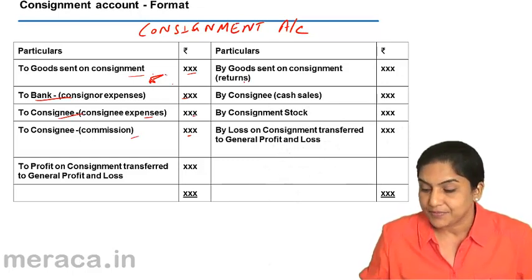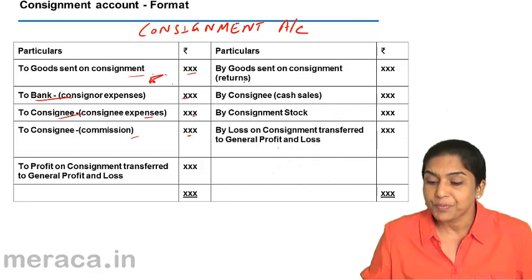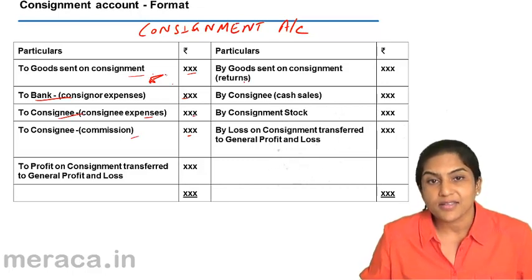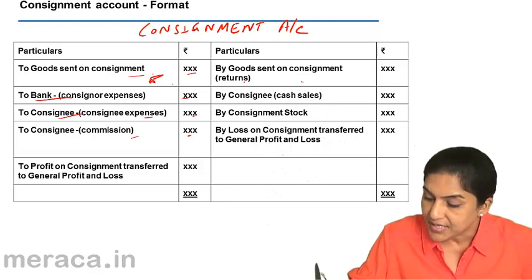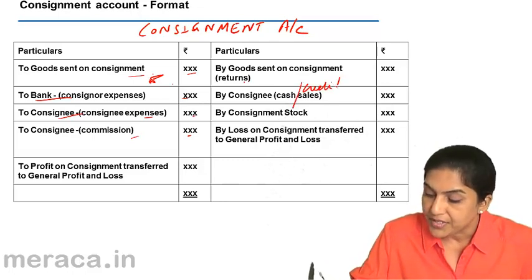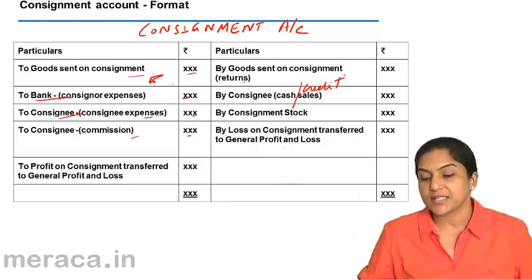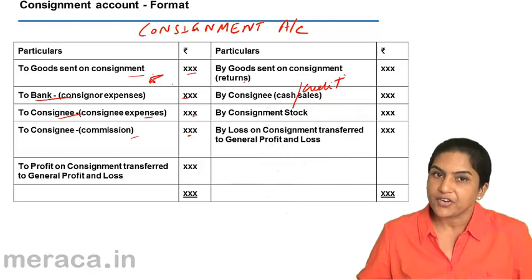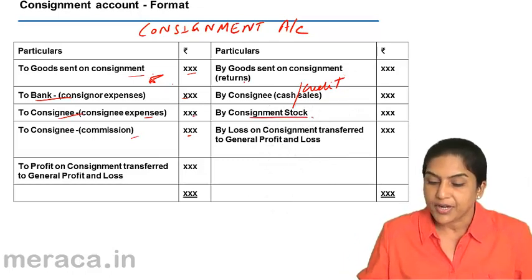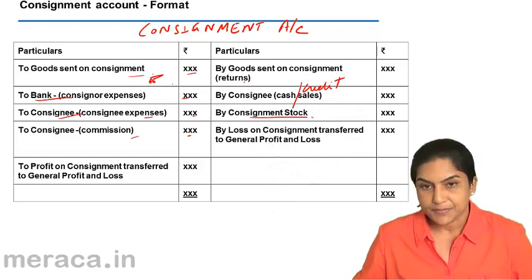For sales, what would be the entry? Consignee account debit to consignment, whether the sales is cash or whether it is credit. If there is a balance of stock, closing stock on consignment, consignment account is credited. The entry was consignment stock account debit to consignment.